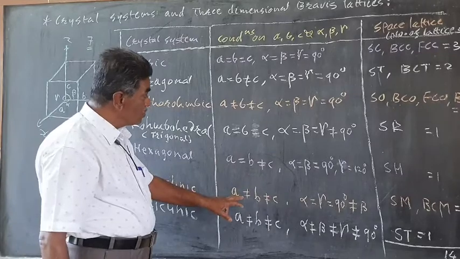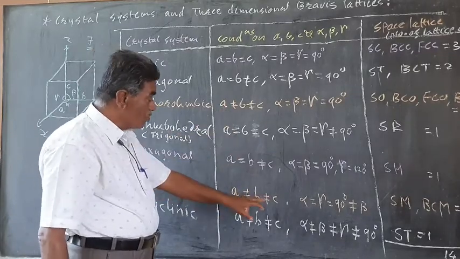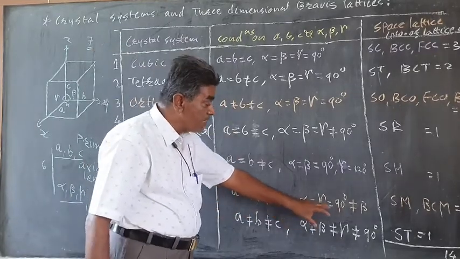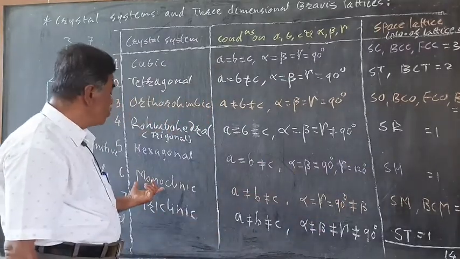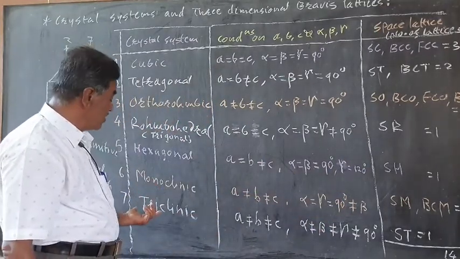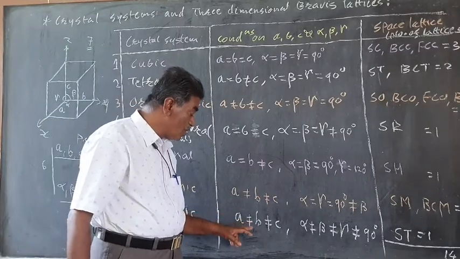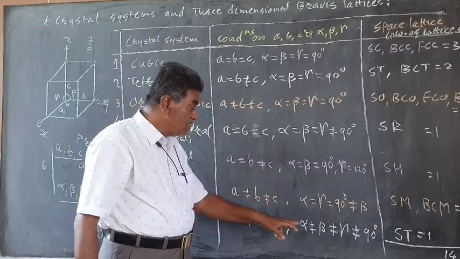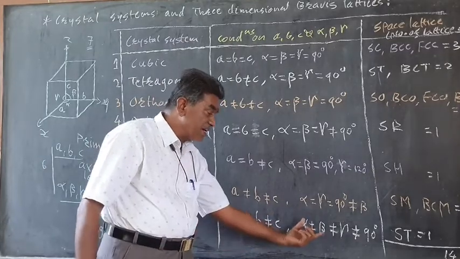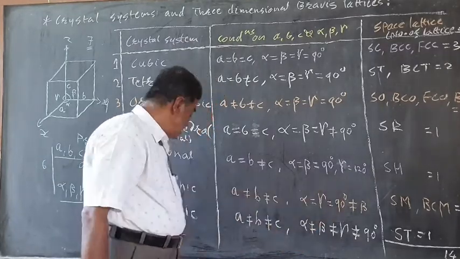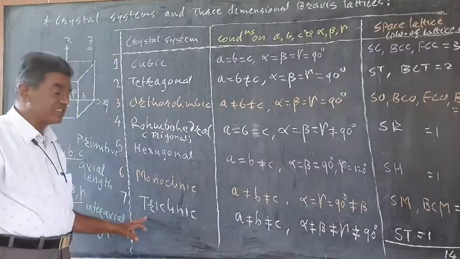While if a is not equal to b is not equal to c and alpha = gamma = 90 degrees but not equal to beta, then the monoclinic system is formed. And lastly, a is not equal to b is not equal to c, and all the unequal axes are unequally inclined, then it is called the triclinic system.